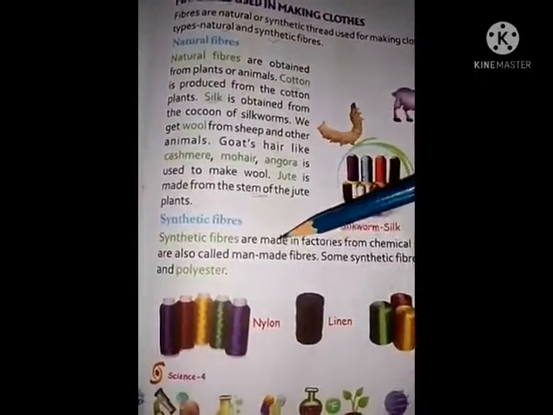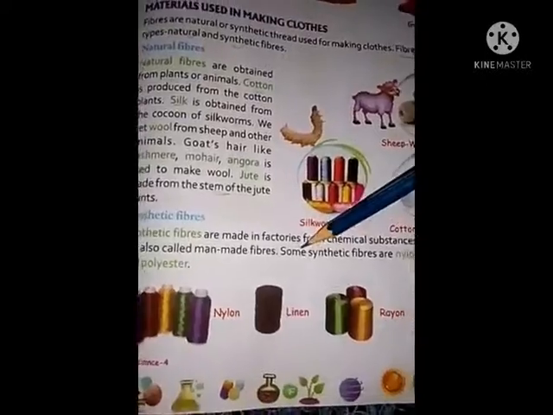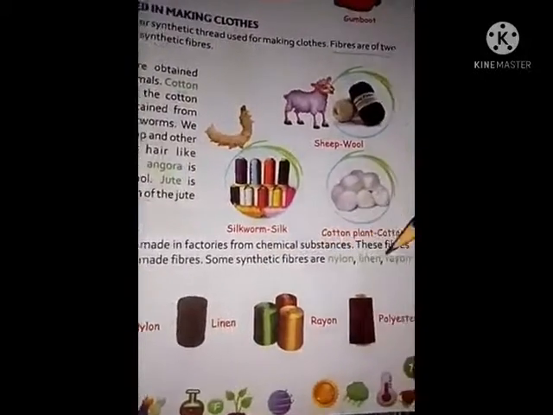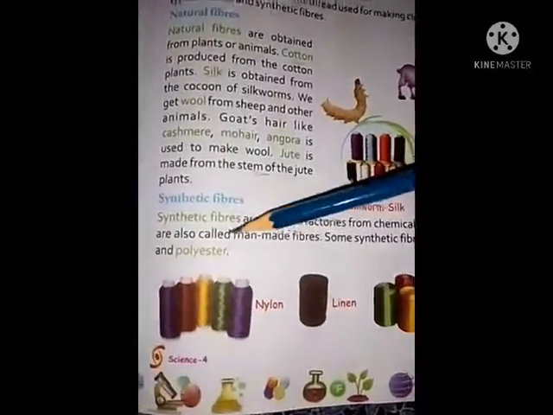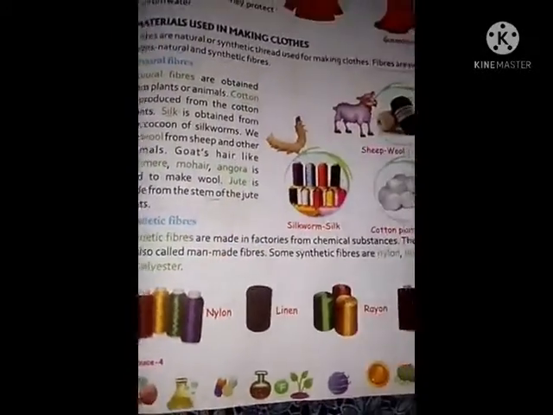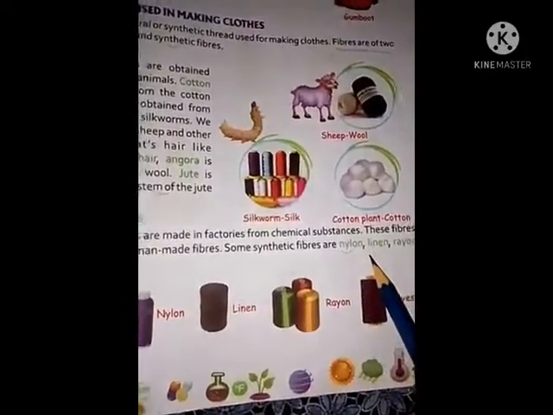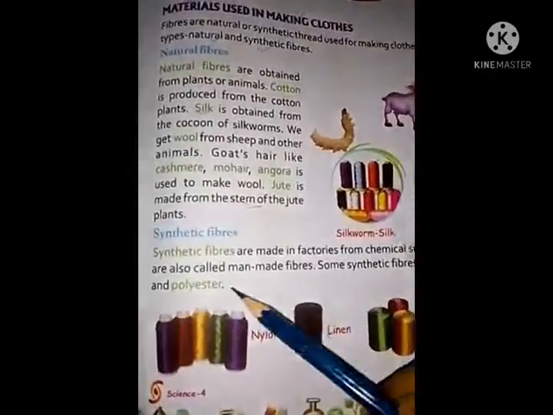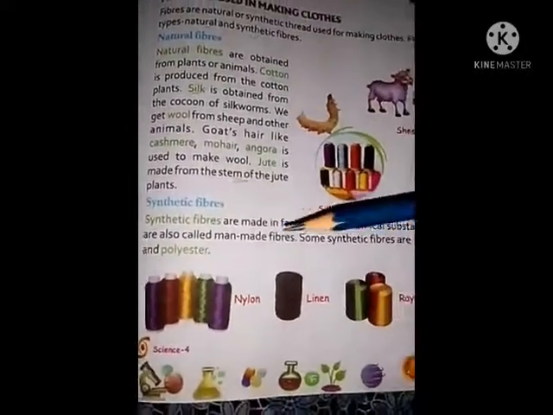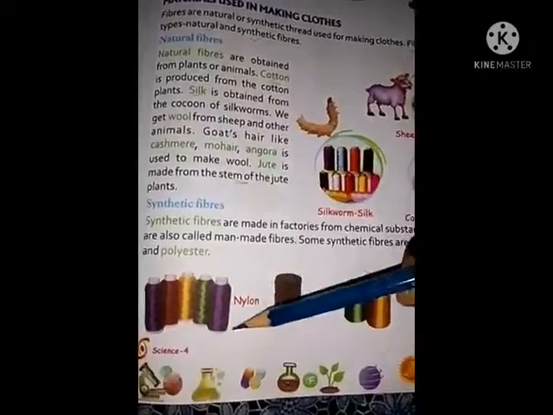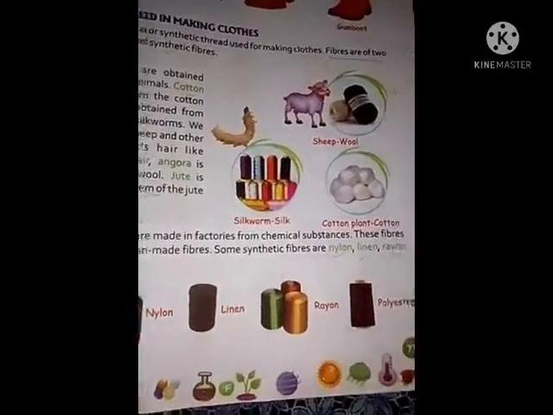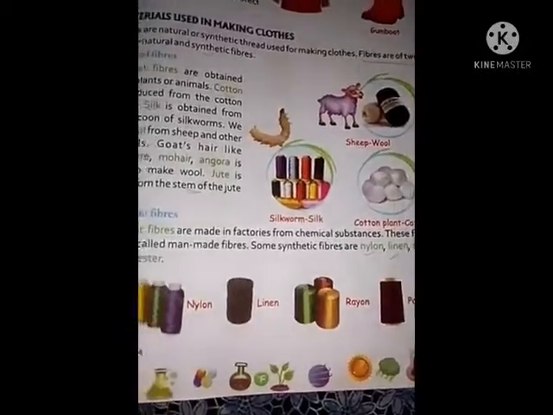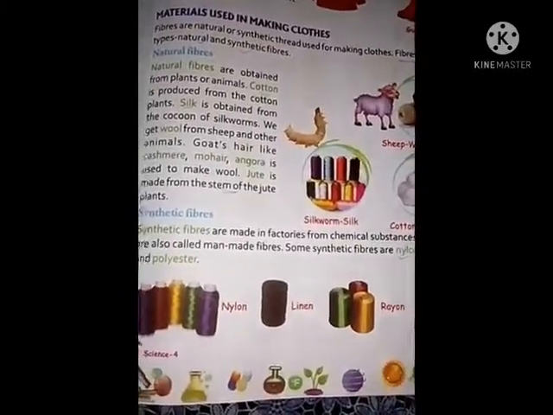Some synthetic fibers are nylon, linen, rayon and polyester. Remember this, okay? These are the different types of synthetic fibers.